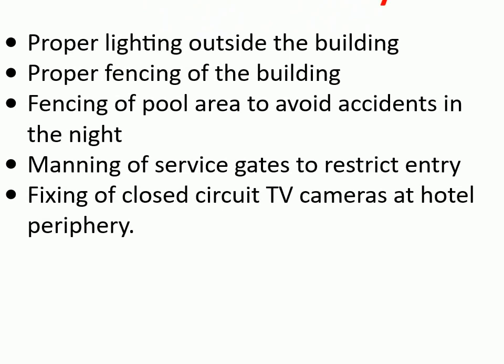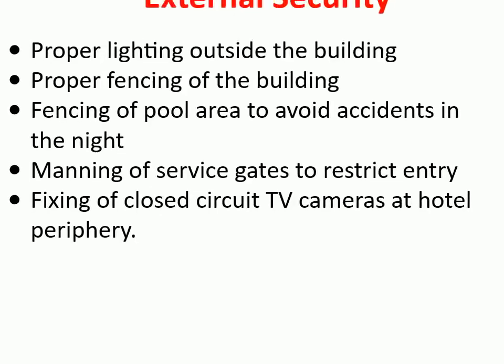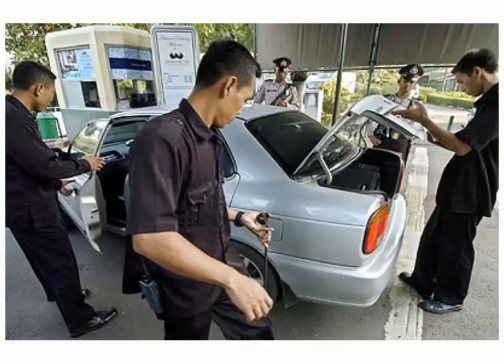External security: proper lighting outside the building, proper fencing of the building, fencing of pool area, to avoid accidents in the night. Manning of service gates, to restrict entry. Fixing of closed-circuit TV cameras at hotel periphery. Security check of a car.